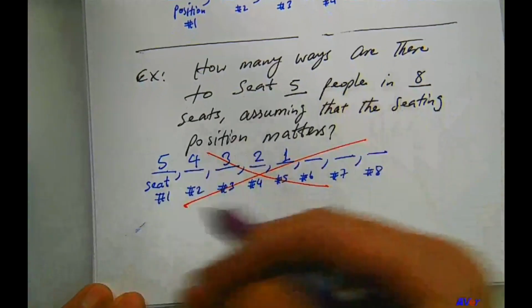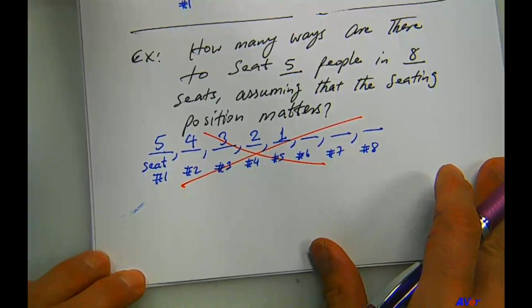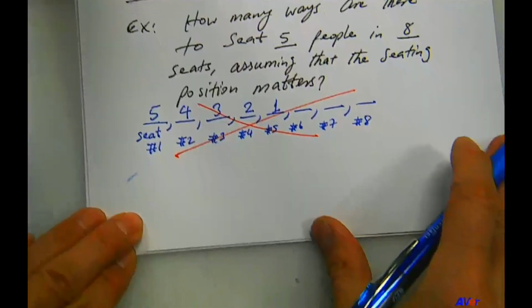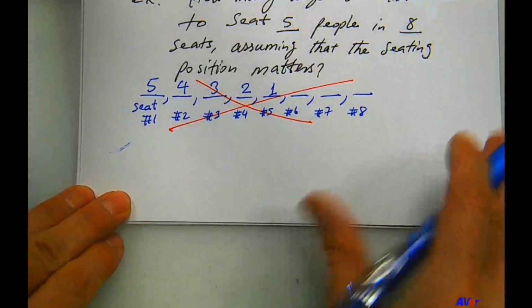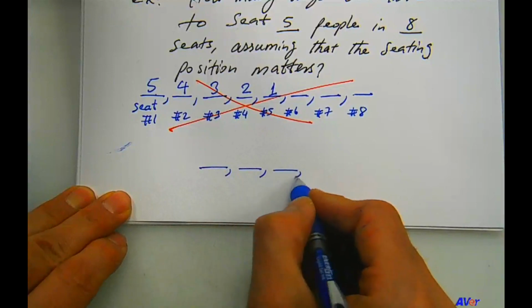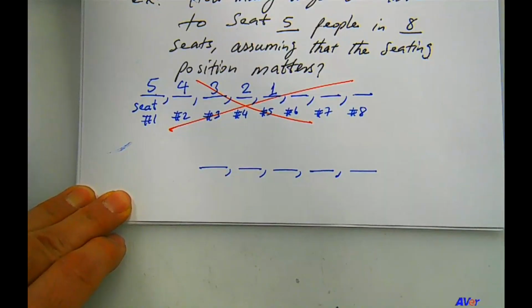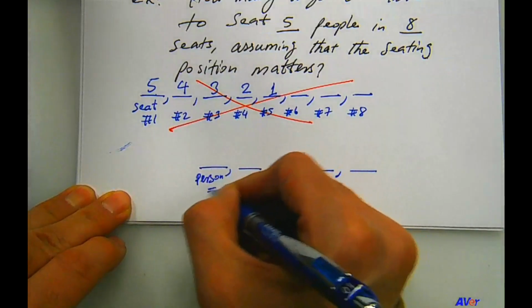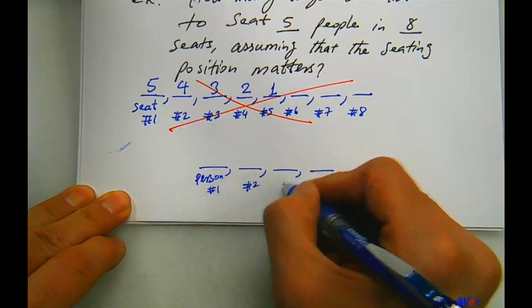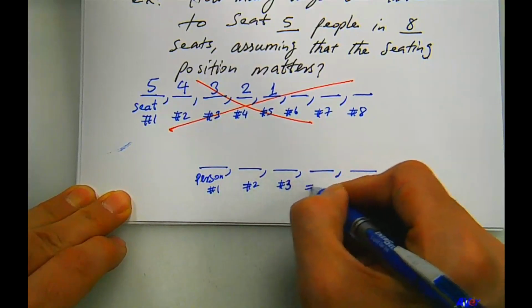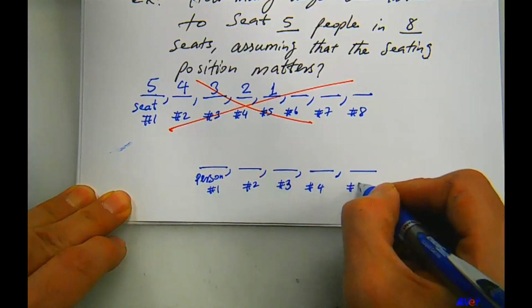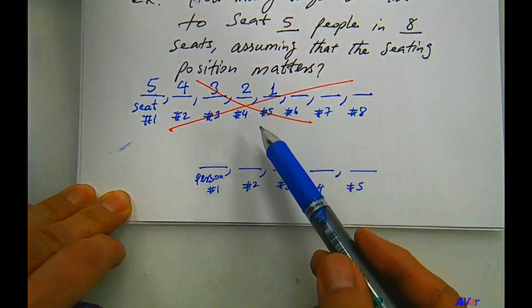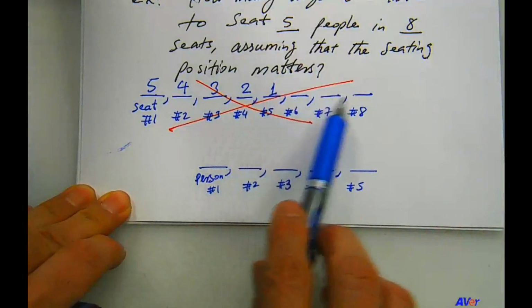So let's switch this the other way around. Let's say we have 5 people, so 1, 2, 3, 4, 5. So this is person number 1, number 2, number 3, number 4, and number 5. Okay, so this wasn't wrong, but look at these 3 spots.